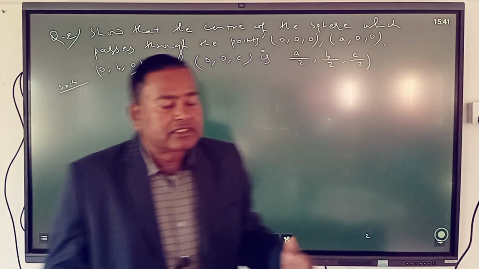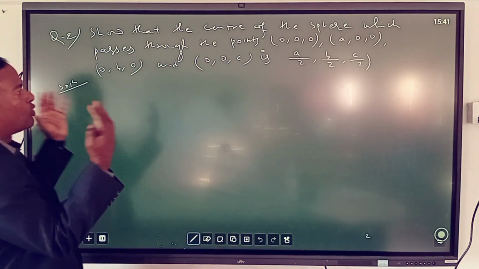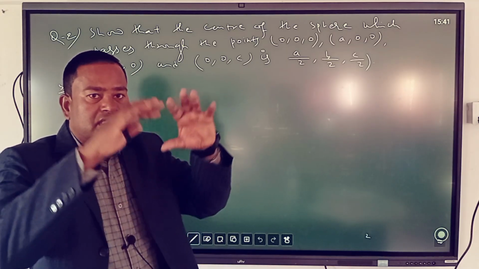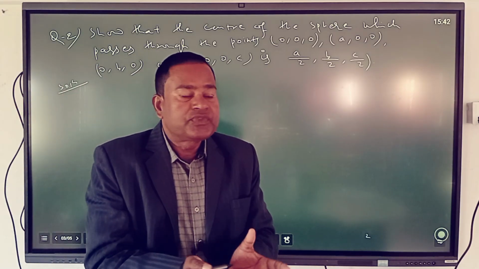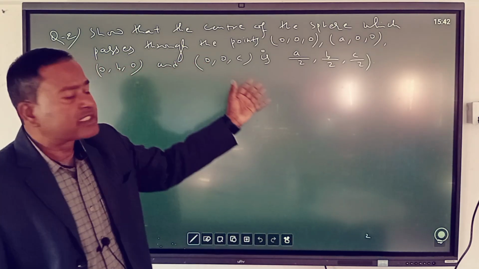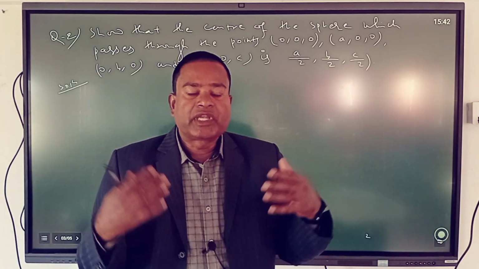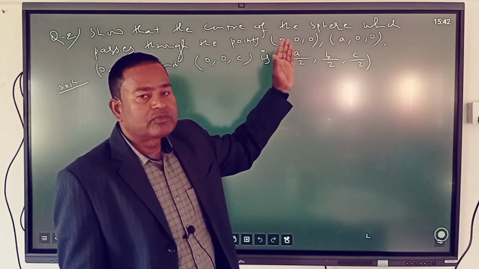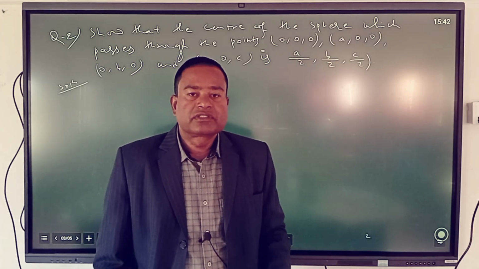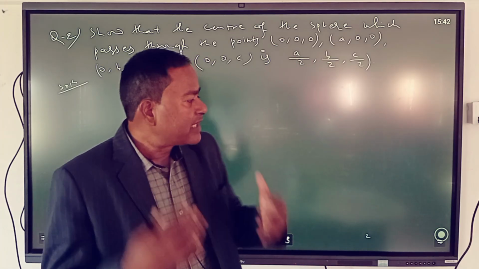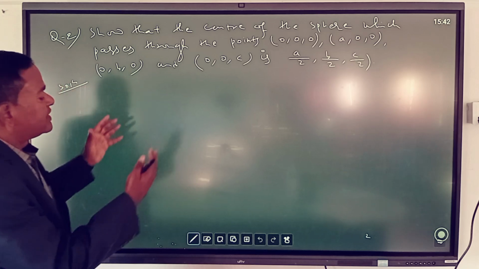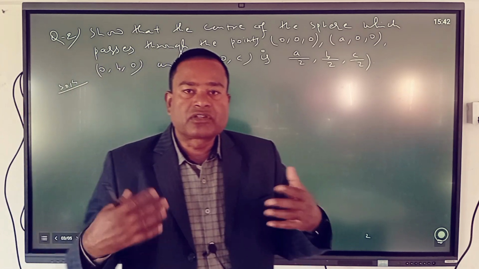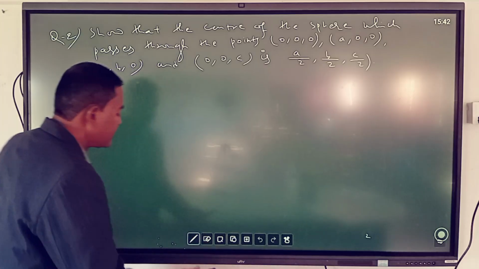Here in this question, we are given 4 different points which lie on the sphere, and by using the given 4 points, we have to show that the center of the sphere is a by 2, b by 2, c by 2. So the question is very simple. At first, let us represent this question by means of a rough sketch, a rough diagram. So let's make a rough diagram at first.